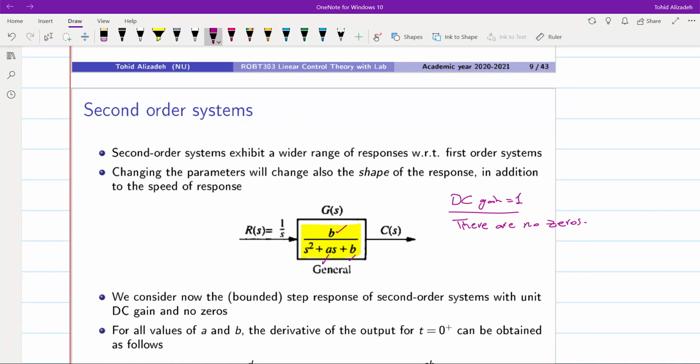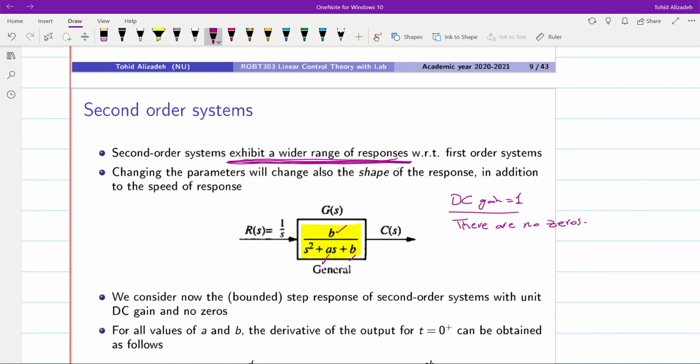However, you should also keep in mind that compared to the first order systems, the second order systems exhibit a wide range of responses. Their response is not as simple as the first order systems.